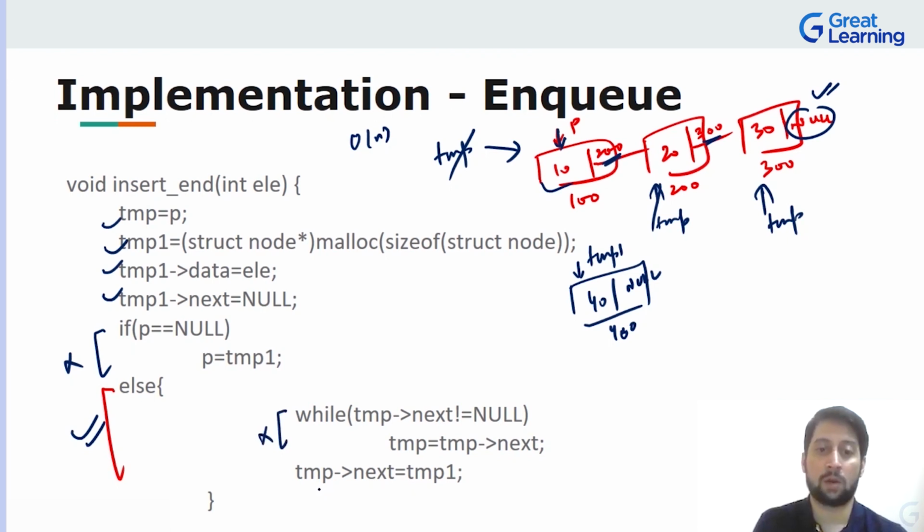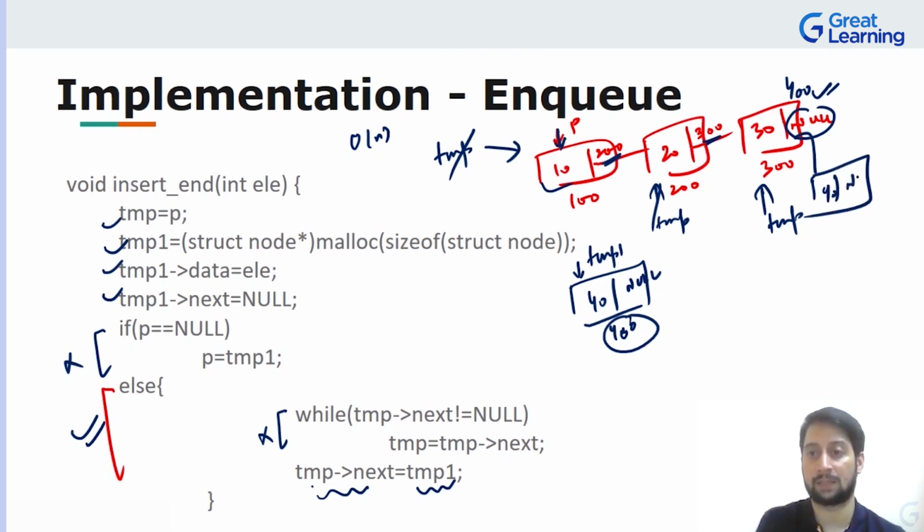Now whatever is in TMP1, which is 400, we put it in TMP's next. TMP's next is null, so 400 is inserted here. This node comes in here, and this will be 400. Done. So this is how you perform the NQ operation.